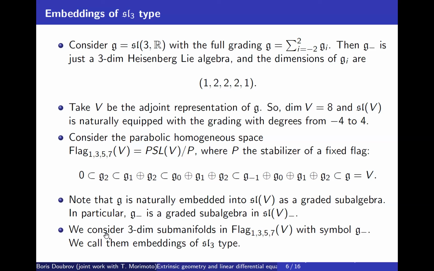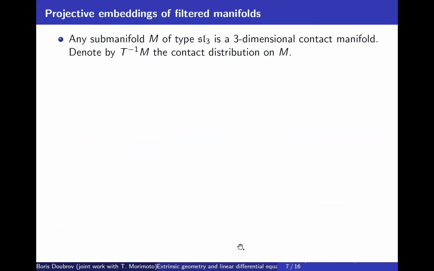Yet we need this general definition to be precise in characterizing the embeddings we get from our non-holonomic system of PDEs. So we consider such embeddings, 3-dimensional manifolds in this huge flag variety with this symbol G minus, as embeddings of SL3 type.